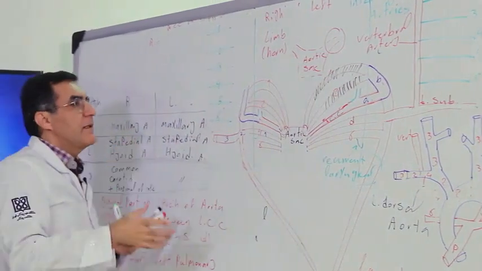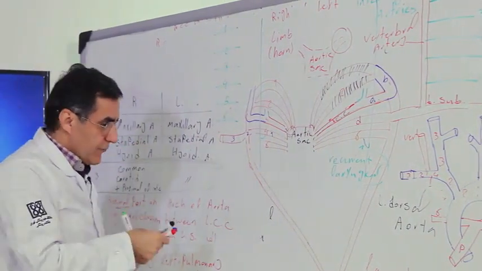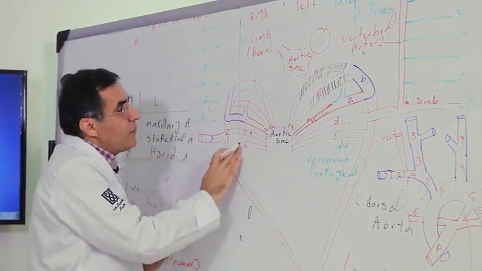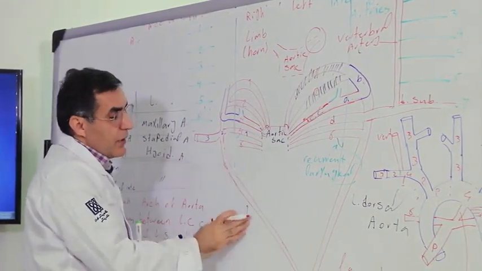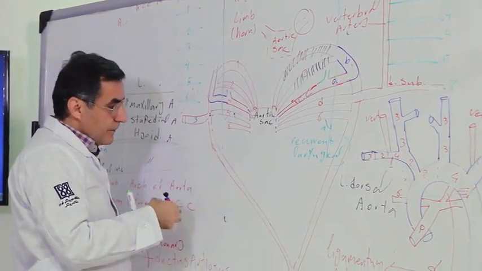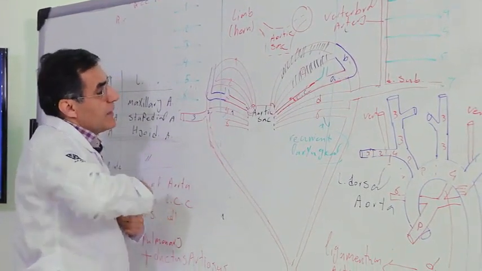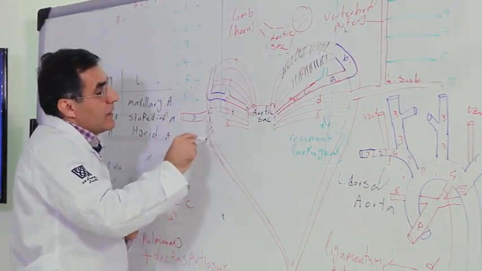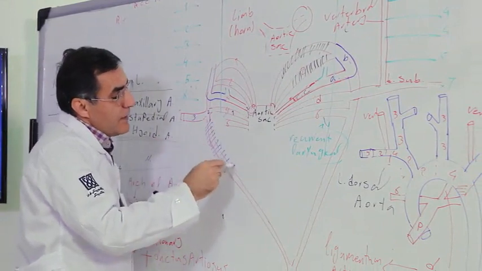After the development of this structure, the distal part of the right dorsal aorta, inferior to the subclavian artery, is degenerated normally.